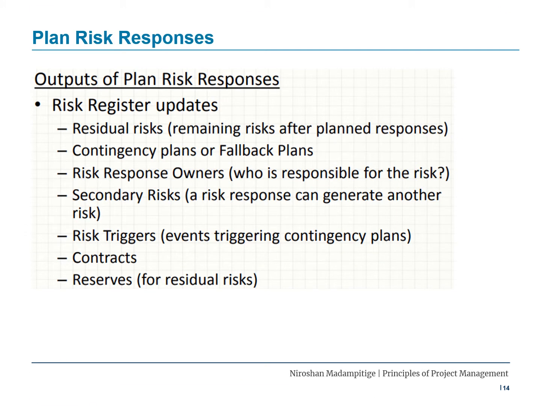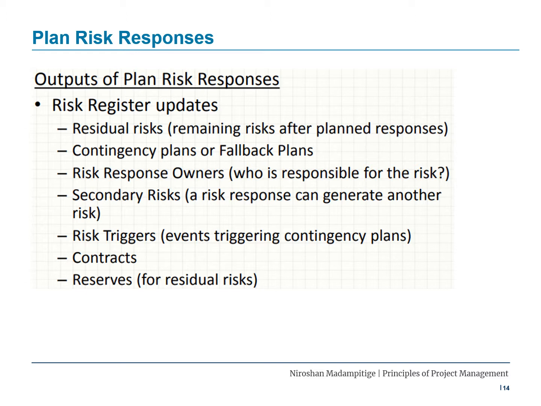Risk register updates. The other document that you must update is the risk register. Once you identify the risk response plan, you must go back to the risk register and update it. You can look at the remaining risks after the plan responses and update that. You can also look at the contingency plans or fallback plans. Are they intact?